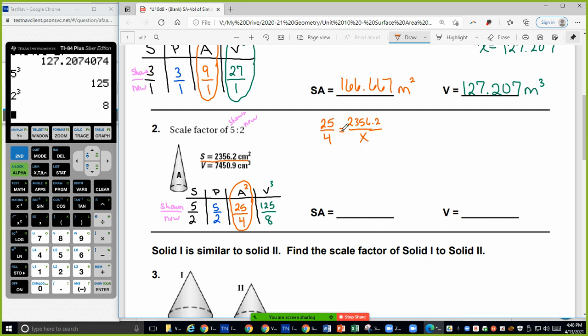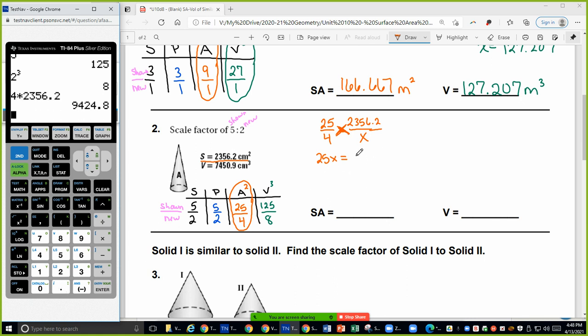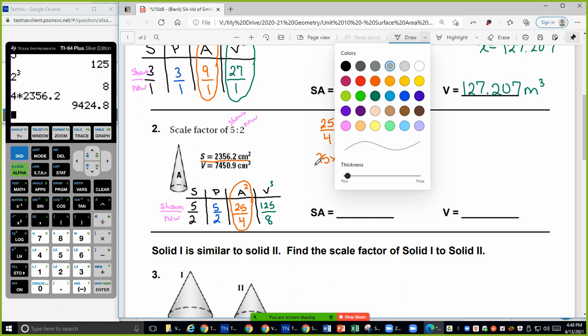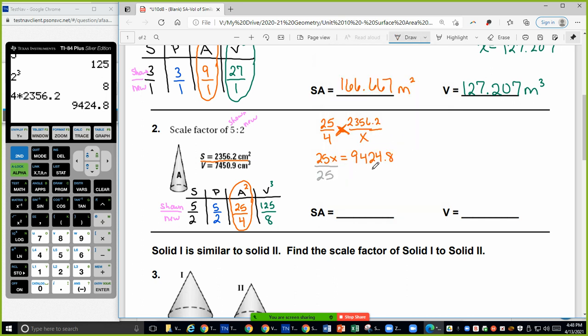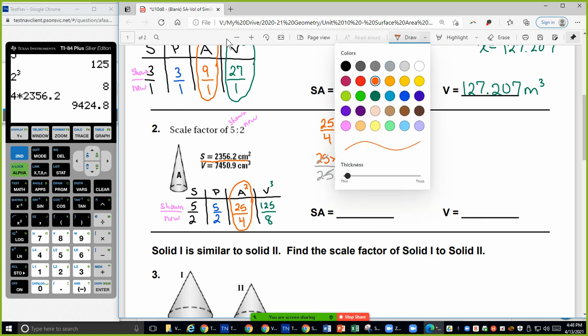So I'm going to cross multiply 25 times x and 4 times 2,356.2 gives me 9,424.8. We're going to divide both sides by 25 so that I can find the value of my new figure.